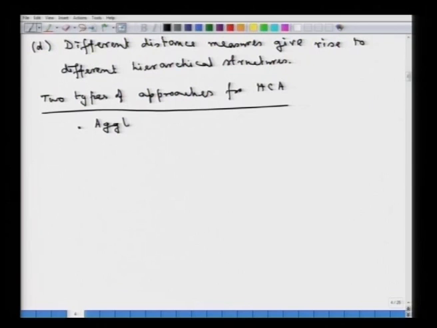So the first one is agglomerative hierarchical cluster analysis algorithm, and the second one is what is called the divisive hierarchical cluster analysis technique. Right. Now let us discuss one by one these cases.